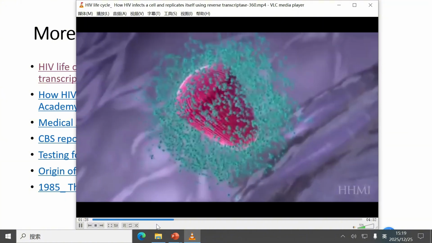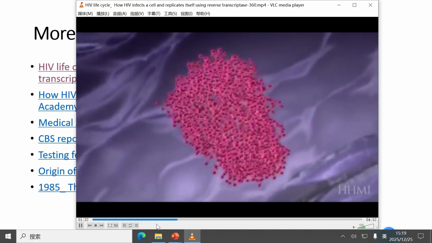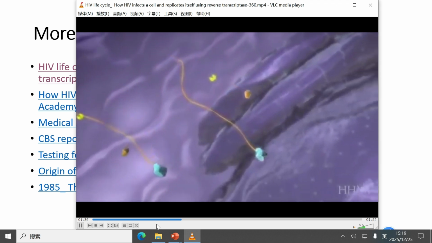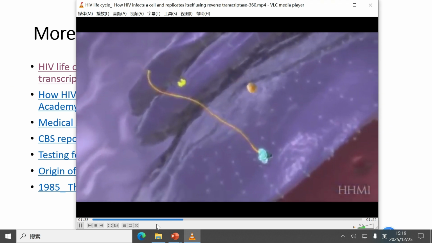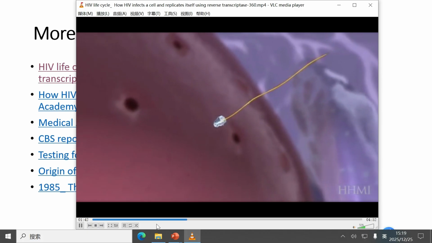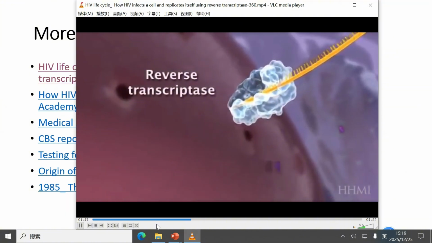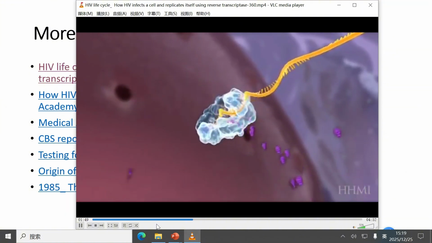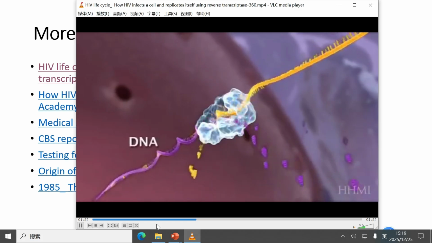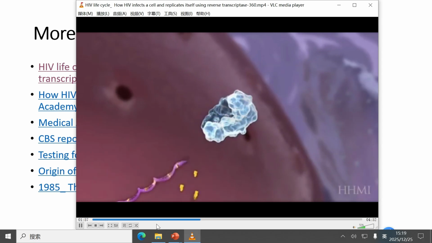The virus has a matrix and a capsid protein, shown here in green and red, that essentially are digested when it enters into the cell. That releases viral enzymes and the viral RNA. And here we have reverse transcriptase, which takes the viral RNA and, using host nucleotides, converts that viral RNA into a single strand of DNA. While it does that, it makes some random errors, which is characteristic of reverse transcriptase.